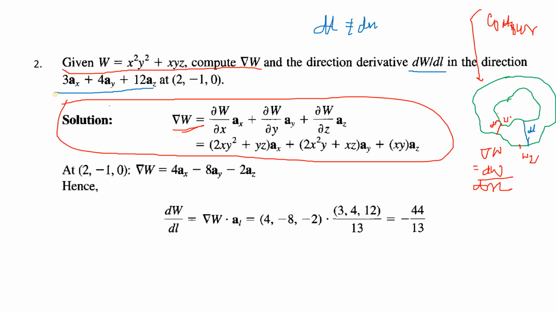It is a displacement. In the Cartesian coordinate system it is 3 unit vector x plus 4 unit vector y plus 12 unit vector z. So you have to find dW by dl in that direction, but at a point.